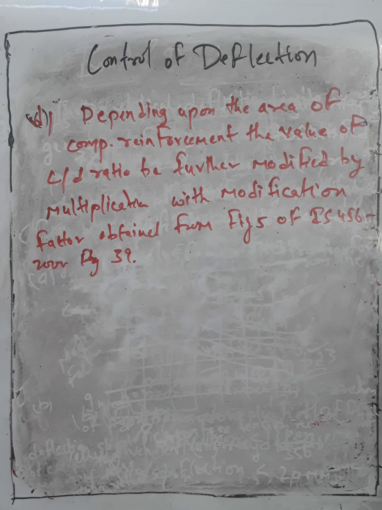The same kind of figure we saw for tension reinforcement is given for compression reinforcement also. So you have to multiply with this modification factor, which is found with the help of this figure.